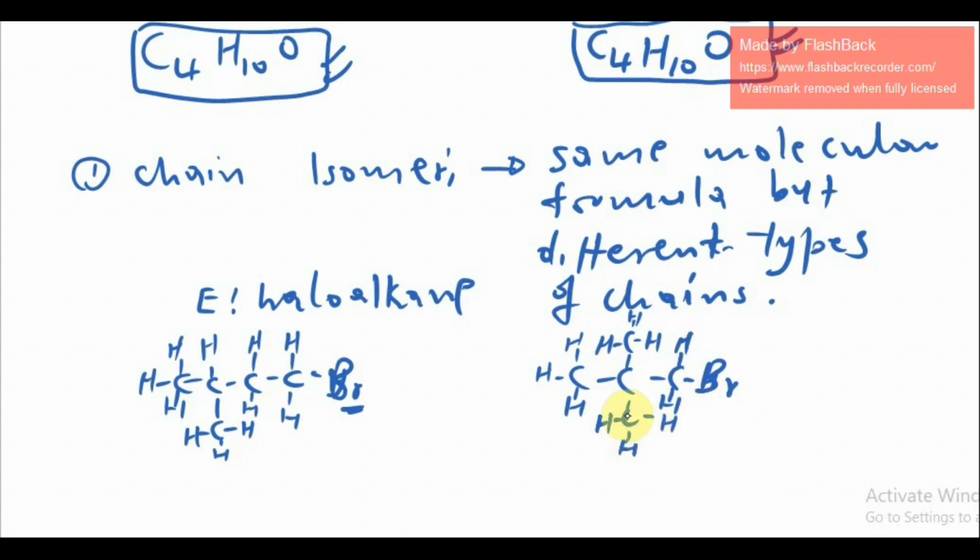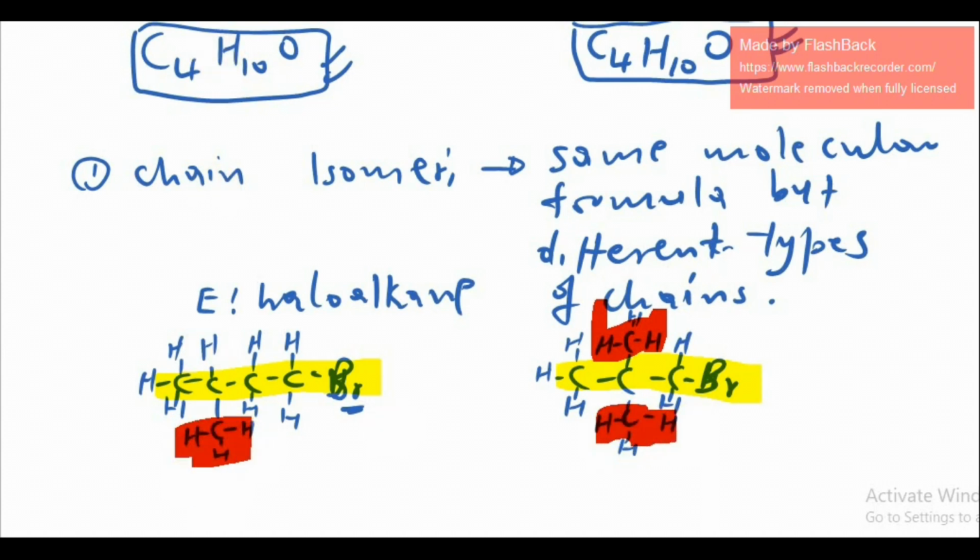Now, if you look here, this one has that chain, and this one has this chain. Then we have here this one and this one, but here we have only this one.